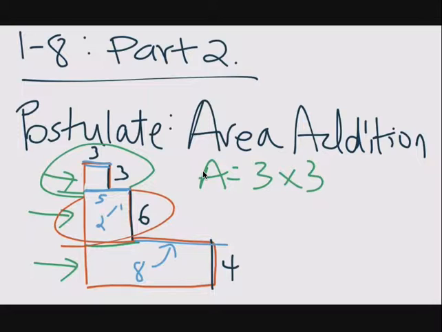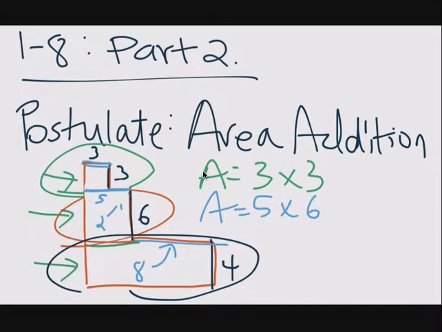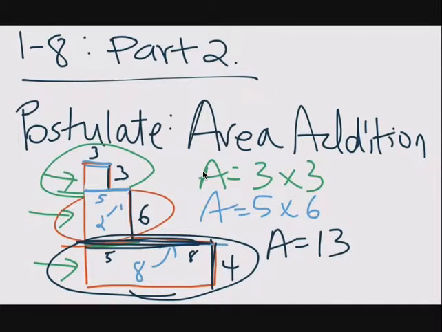So this rectangle is 5 by 6. And then our bottom rectangle here has a side length here of 5 and 8, or 13, and 4.